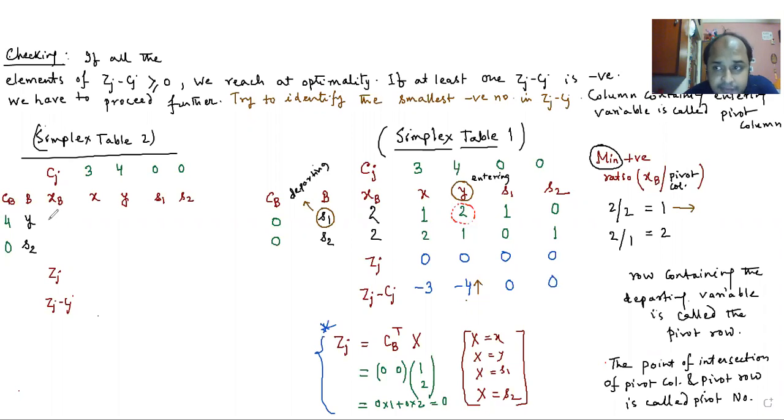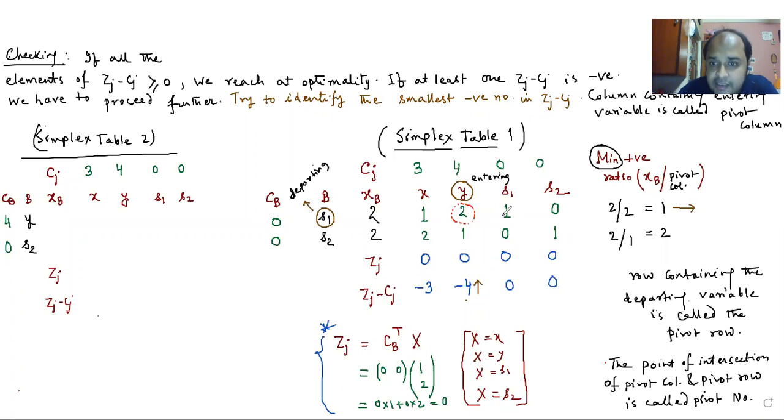I shall write the first row of the simplex table in a manner so that the pivot number becomes 1. And the pivot number can become 1 if I divide the first row by the pivot number itself. Since the pivot number is 2, I want to make it 1. So we divide by the pivot number so that this position takes the unity.